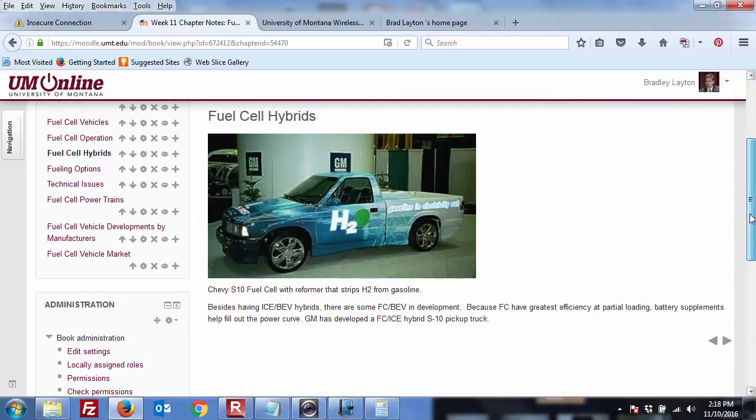One example, Chevy S10. And they've run these as hybrids so that the battery can also be used to upgrade the efficiency.